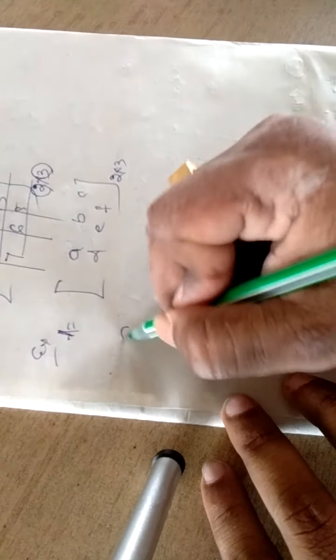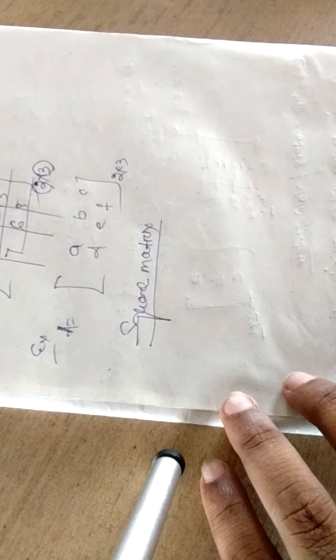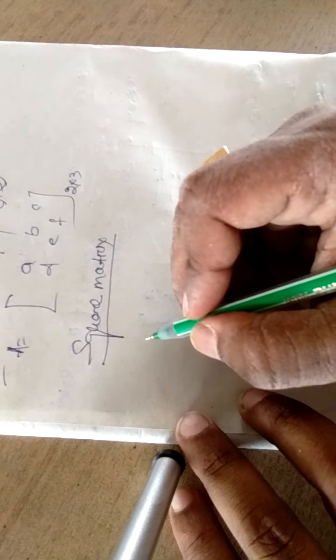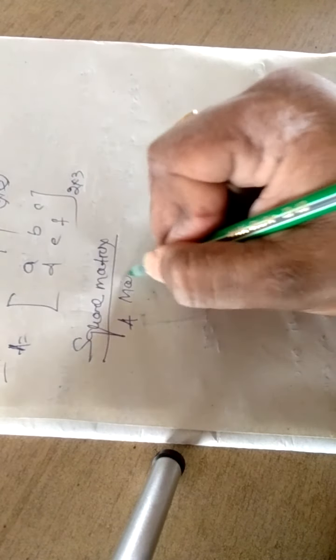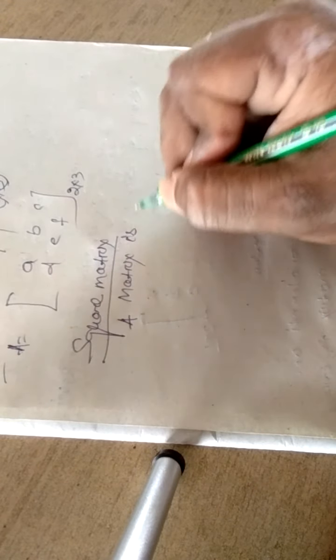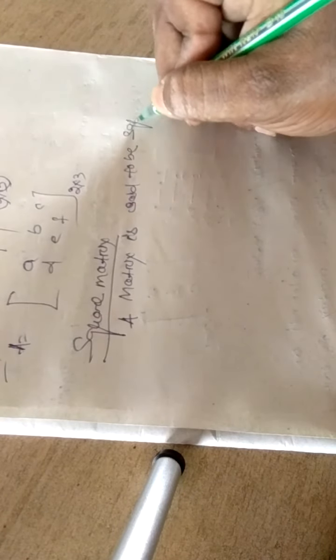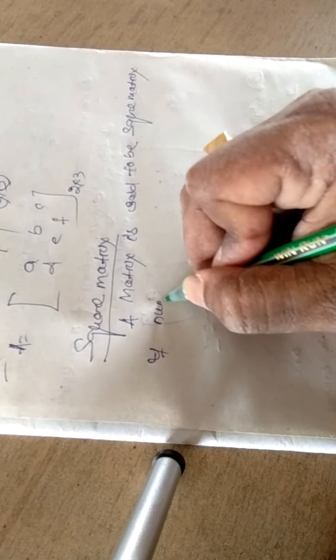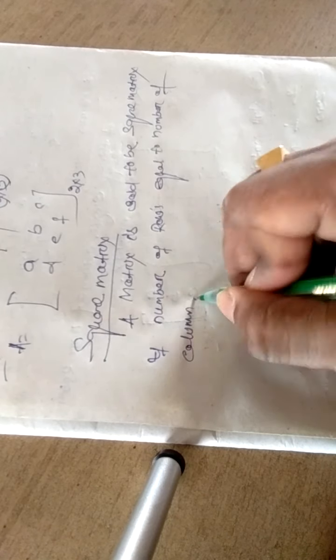Now study the square matrix. A matrix is said to be a square matrix if the number of rows is equal to the number of columns.